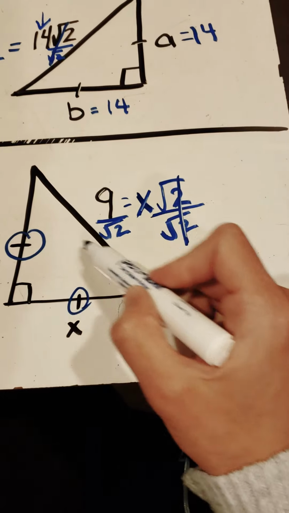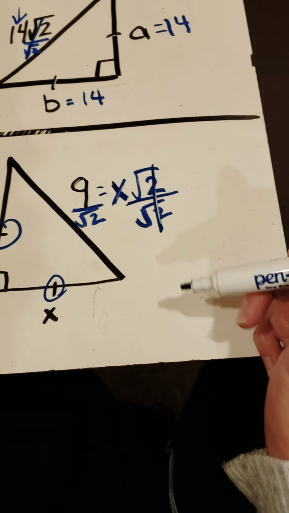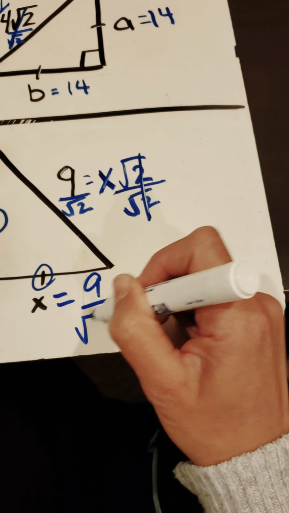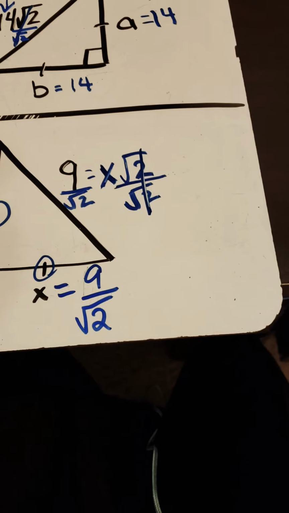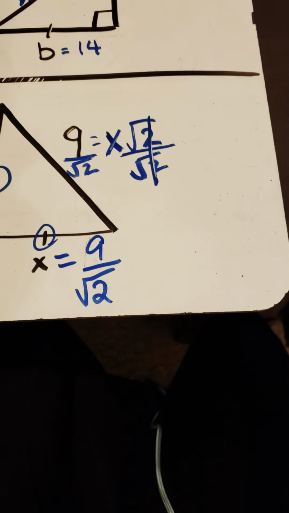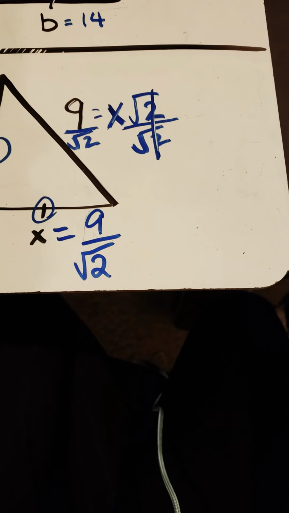So we know the answer here is 9 divided by the square root of 2. So here is the length of our leg. Now I'm hoping if you are watching my other videos that you realize this is an issue. We are no longer allowed to have a radical in the denominator. So we have to rationalize our denominator.